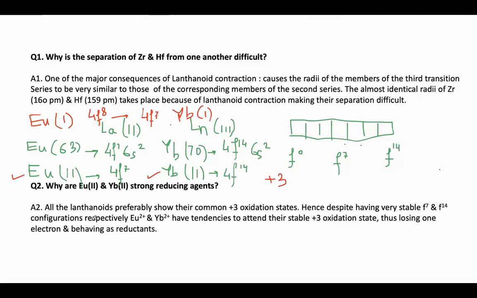Hence, despite having very stable f7 and f14 configurations, the half-filled and fully filled configurations respectively, Eu2+ and Yb2+ have tendencies to attain the stable +3 oxidation state. To attain +3, they have to lose one electron, so they behave as reducing agents. This is the reason why ytterbium-2 and europium-2 are both strong reductants.